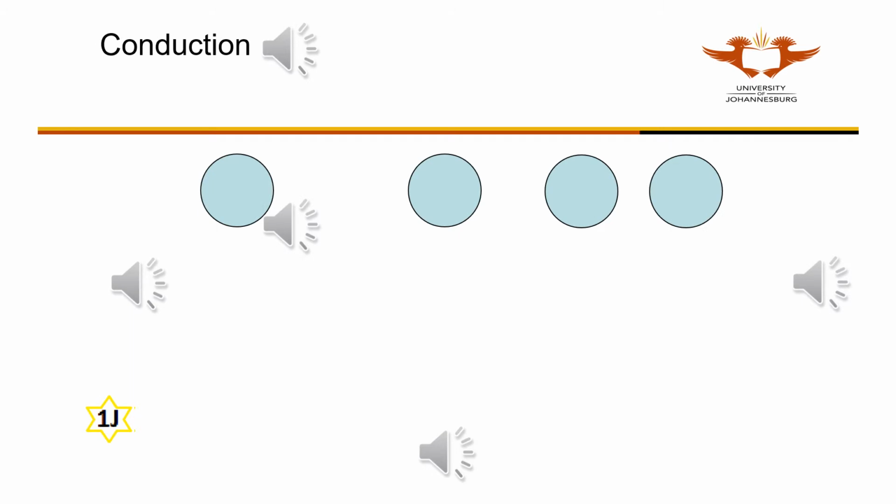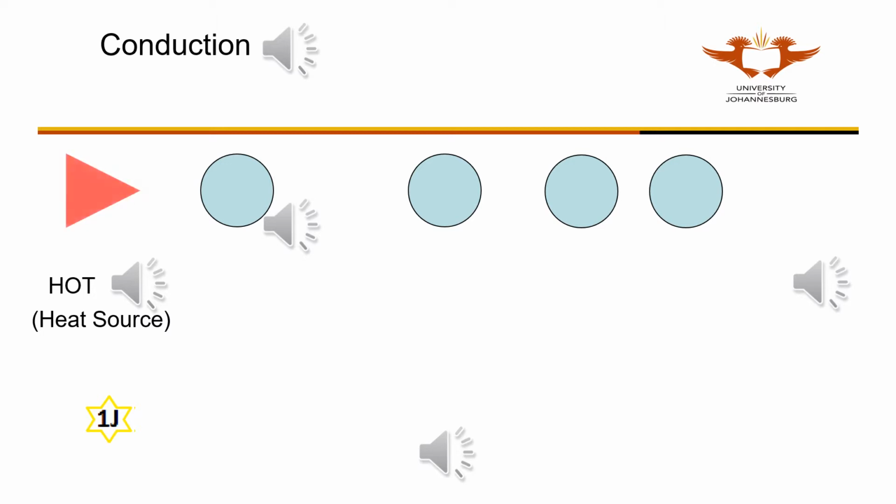This slide is an animation of conduction heat transfer, and may represent the cross-section of a wall, for example. On the left-hand side, you see a heat source.